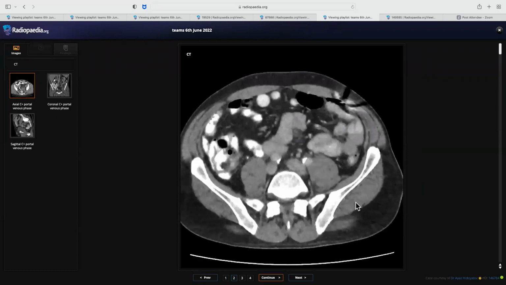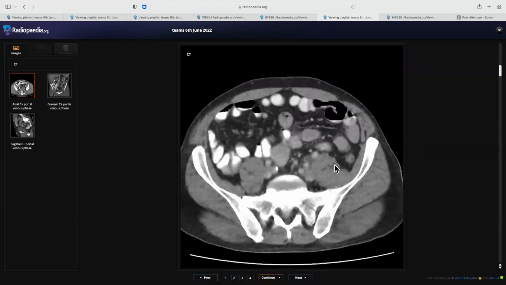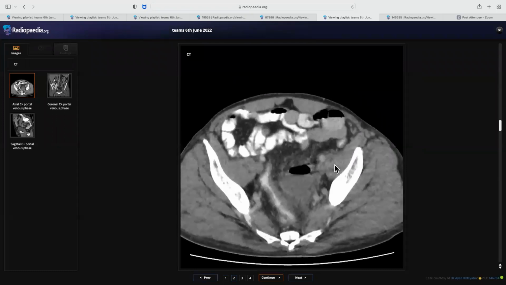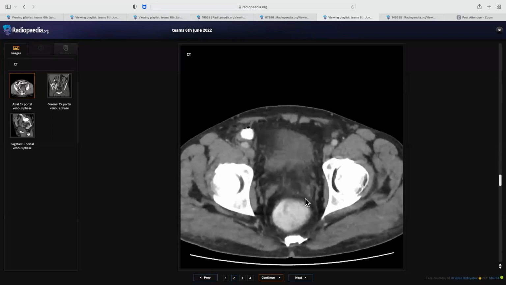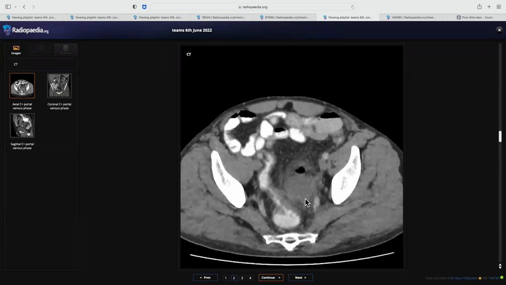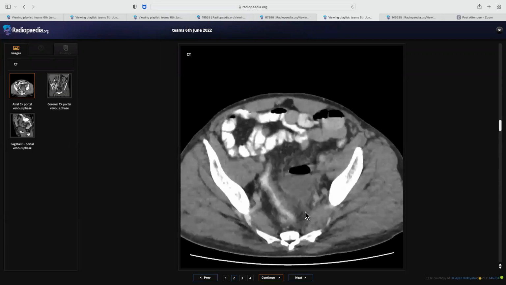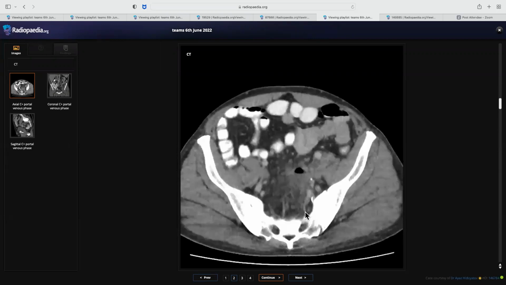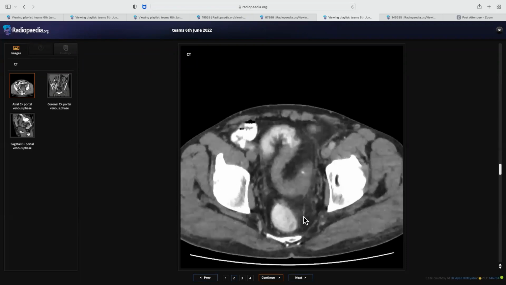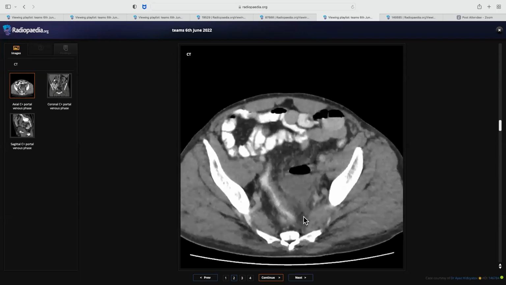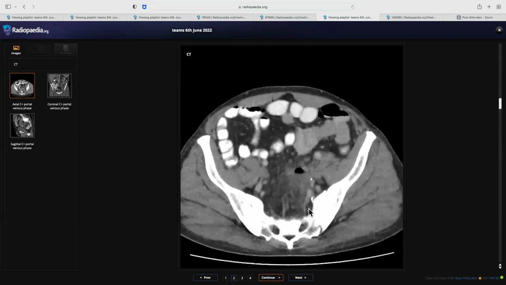The patient is having abdominal pain and fever, and I can see there is wall thickening involving the sigmoid colon, with adjacent fat stranding in the pelvic cavity. It is not continuous.